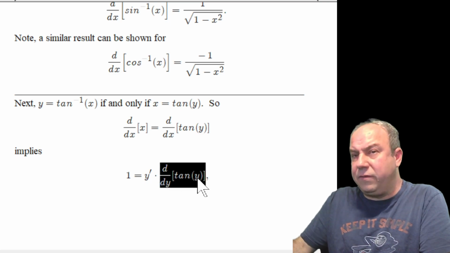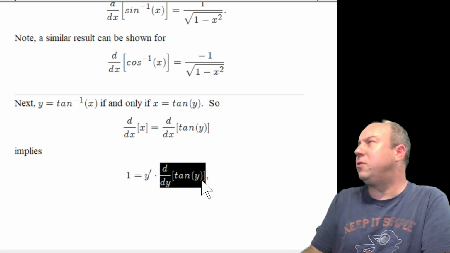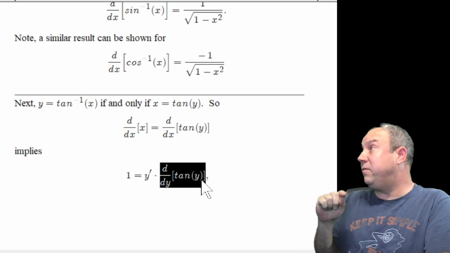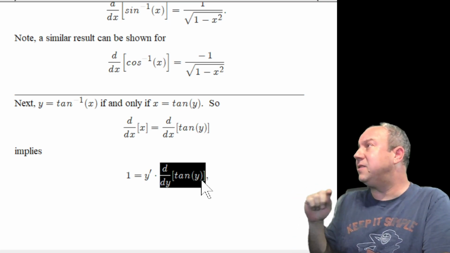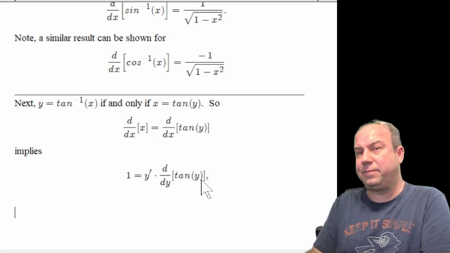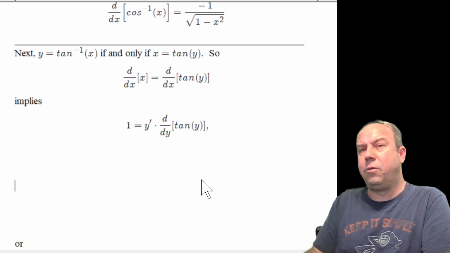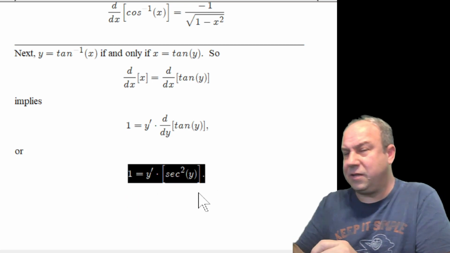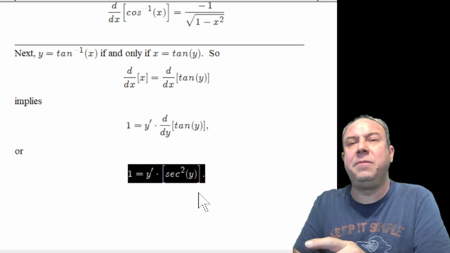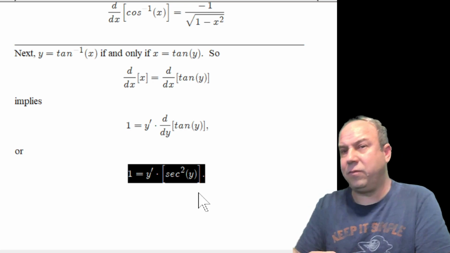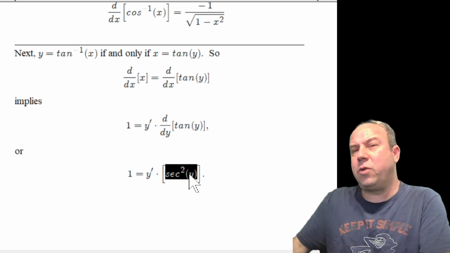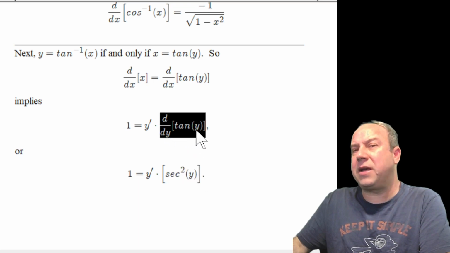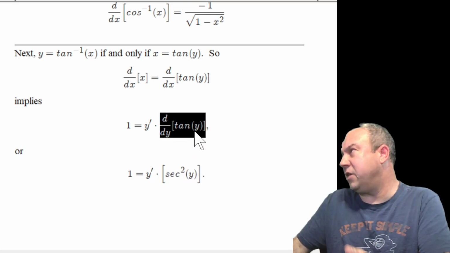where the derivative of tangent of y with respect to y we know is the secant squared of y. So if we take note, we can also say that the above is equivalent to stating 1 is equal to y prime times the secant squared of y, where the secant squared of y is the derivative with respect to y for the function given by the tangent of y.